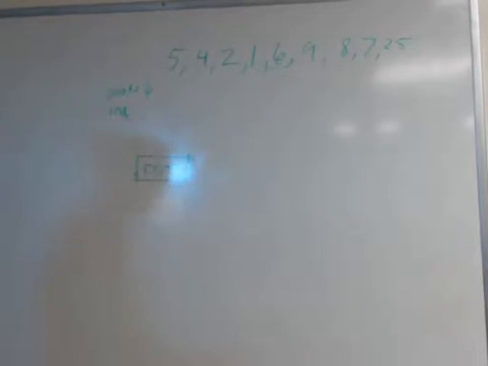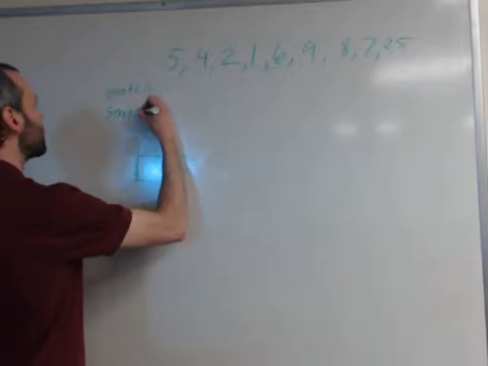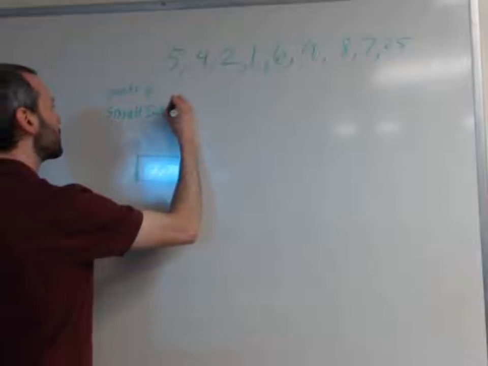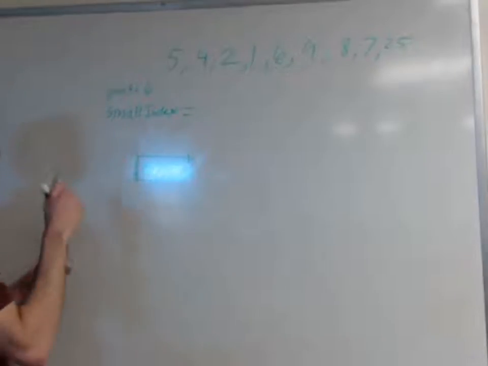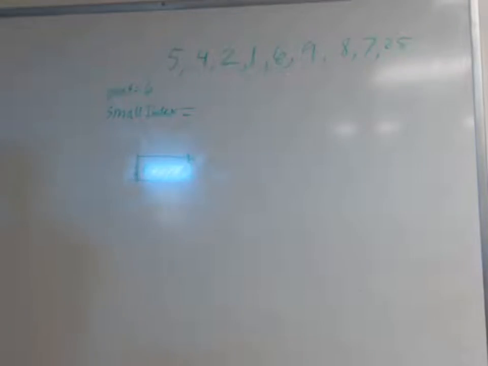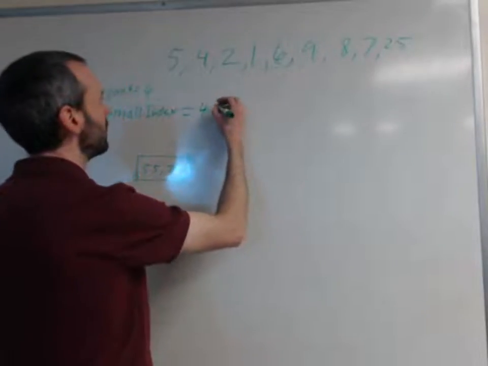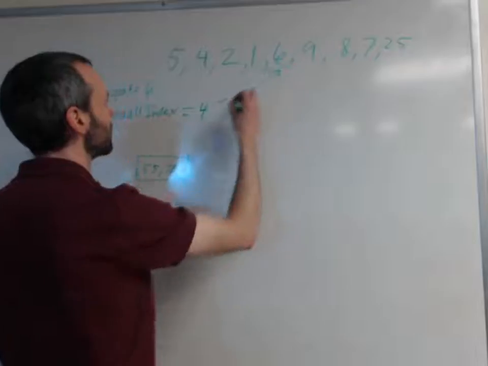I mean, it can go like a snail. A small index. What would the small index be? 0, 1, 2, 3, 4. Right? Because it points to the end of the small index.